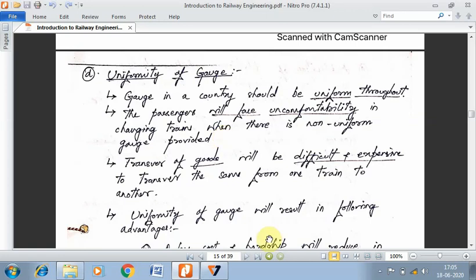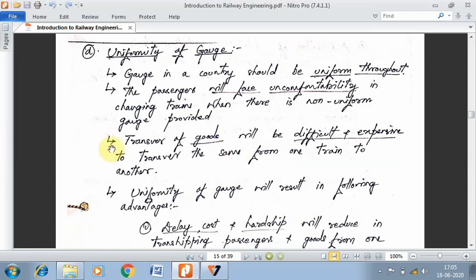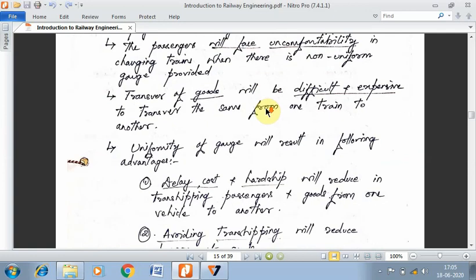Apart from these, there will be theft and damage of the goods. You might be in the middle of your sleep during your travel, and all of a sudden you are made to get down from the train and hop into the next train. I don't think it would be comfortable for the passengers, right? So to avoid these kinds of issues, you need to have a uniform gauge system.